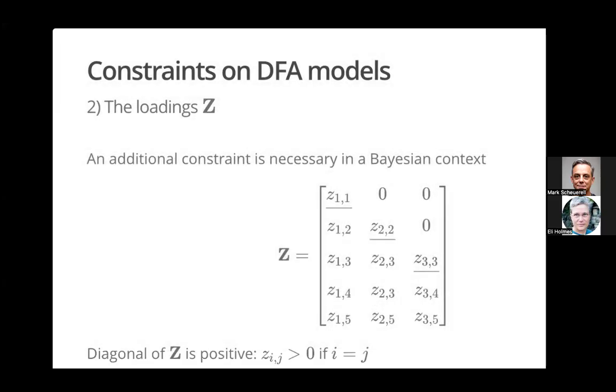Okay, in addition, if any of you end up doing something like this in a Bayesian context, maybe you've coded your own, you need this upper right triangle to be zeros, but you also need to set the prior on this top diagonal so that they're all greater than 0. So these are set to be positive.